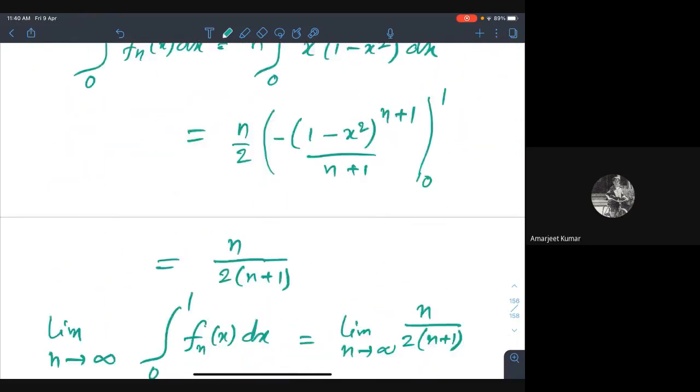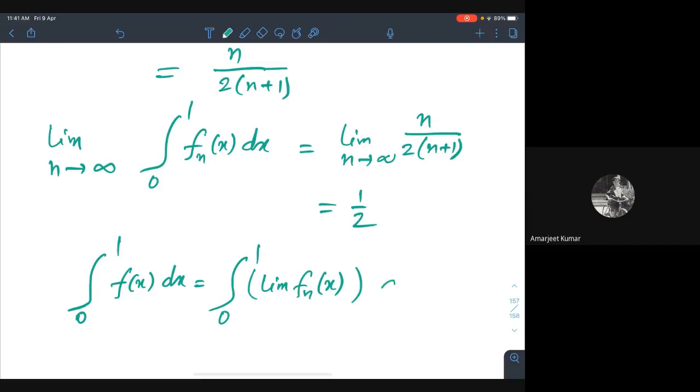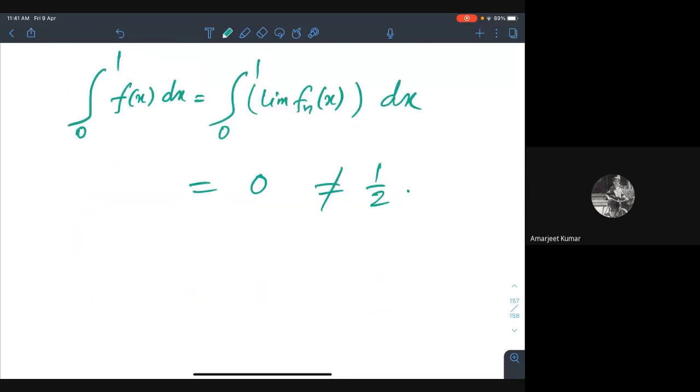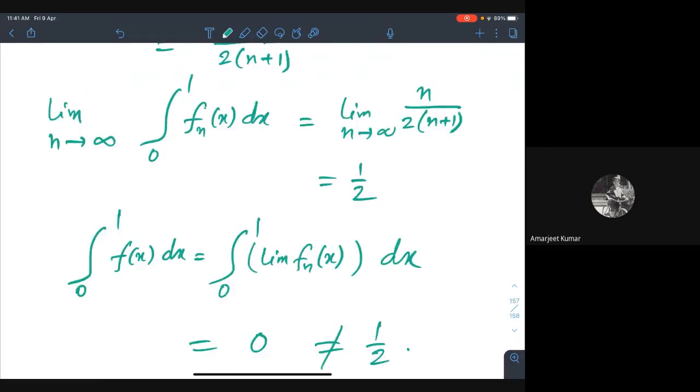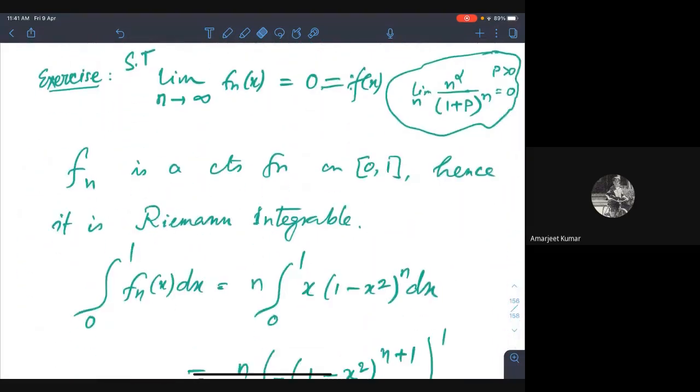So f is the limit of f_n(x), and the integral from 0 to 1 of f(x) dx is the integral of the limit of f_n(x) dx, right? So this is 0, which is not equal to half. So therefore, you see this does not converge uniformly.